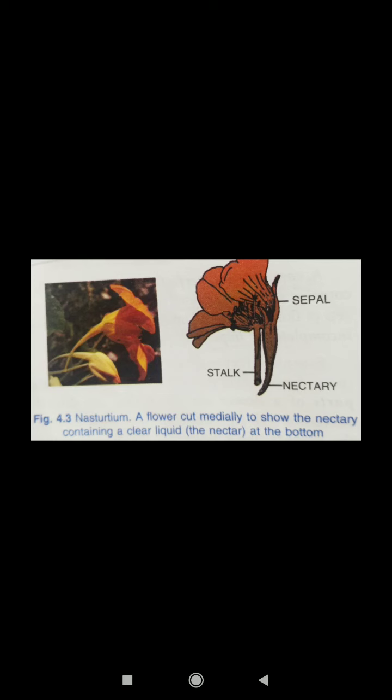To define nectaries, most flowers produce a sweet fragrant liquid called nectar, and a group of nectar-secreting cells are called nectaries, usually situated at the base of the pistil or the bases of the petals. In this image you can identify what nectaries are.